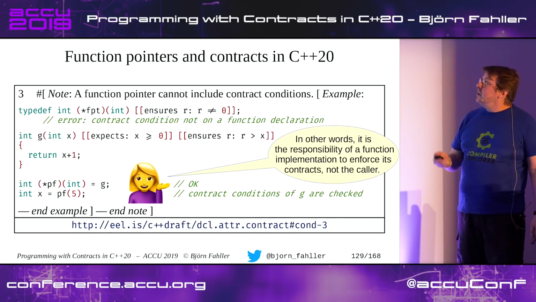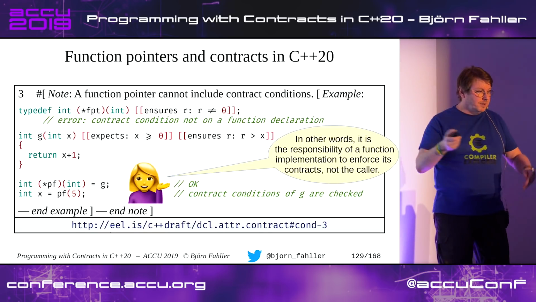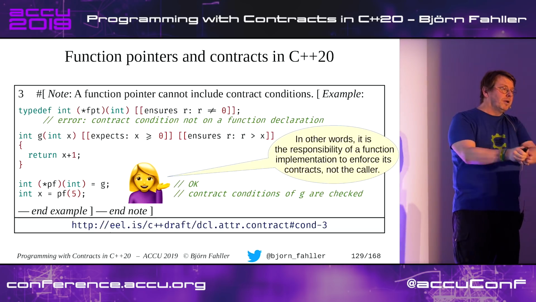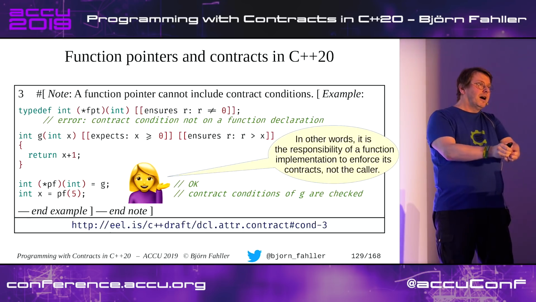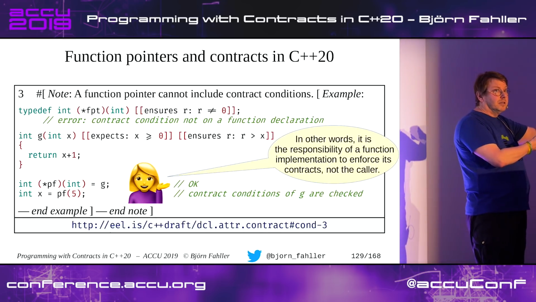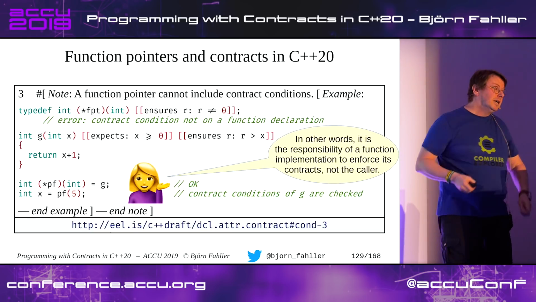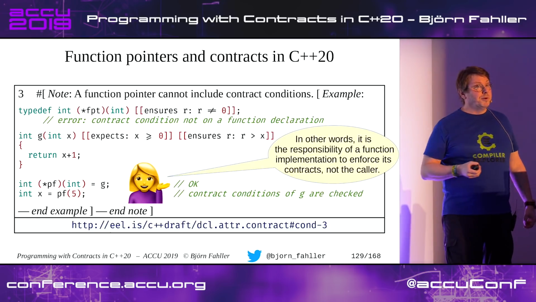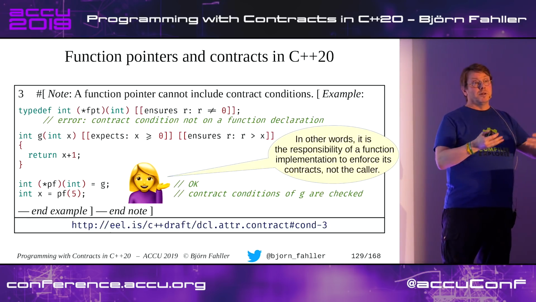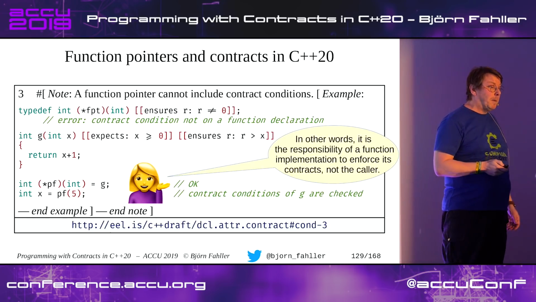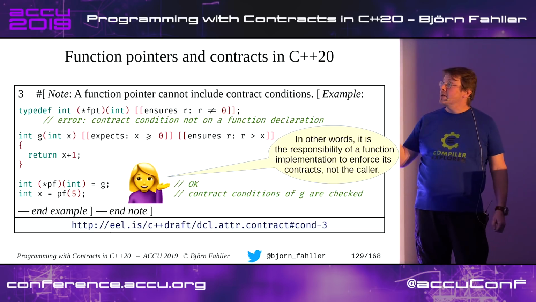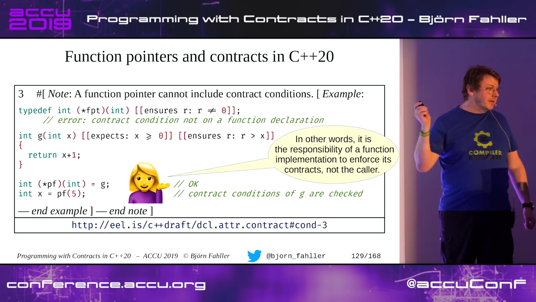So this means that it's the responsibility of the generated code for the function that has contracts to check them. They are not checked outside the function. They're checked inside the function. Otherwise, the function pointer example would not be able to check the contract. And this actually matters. We'll get to that very soon.